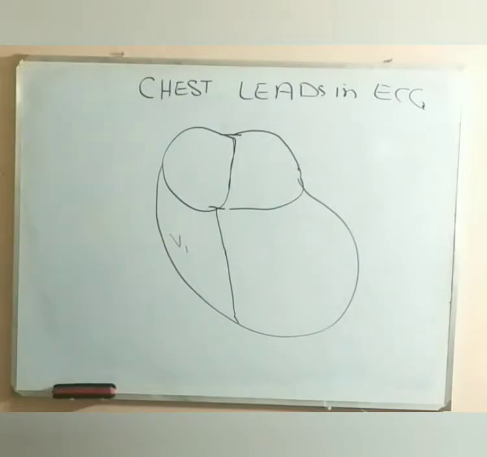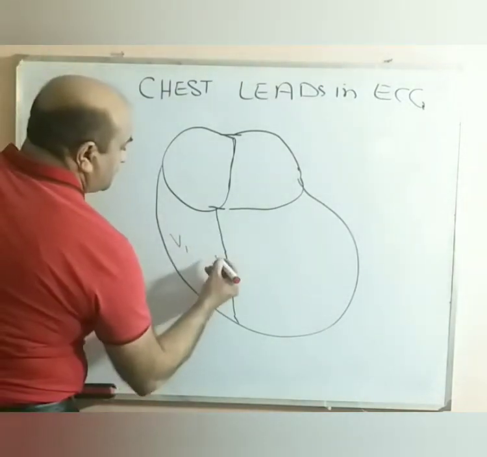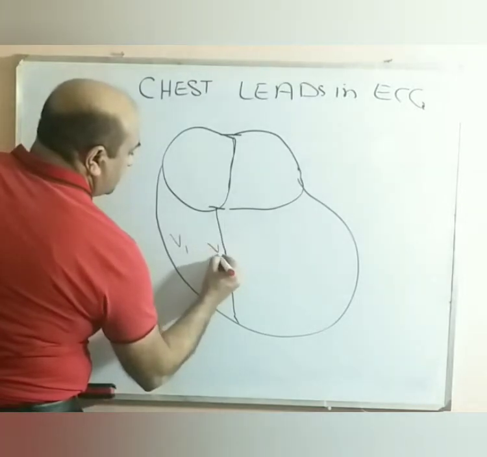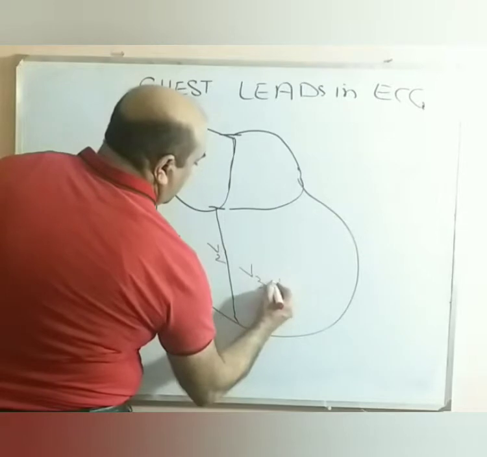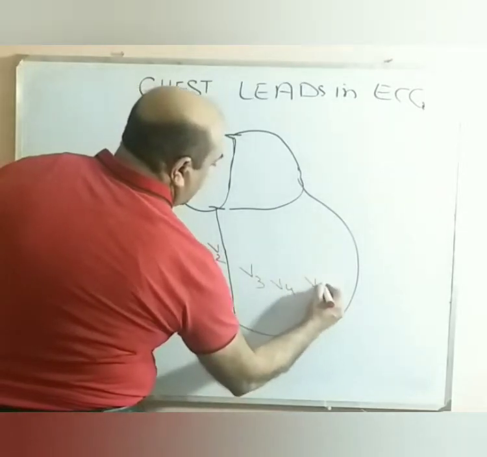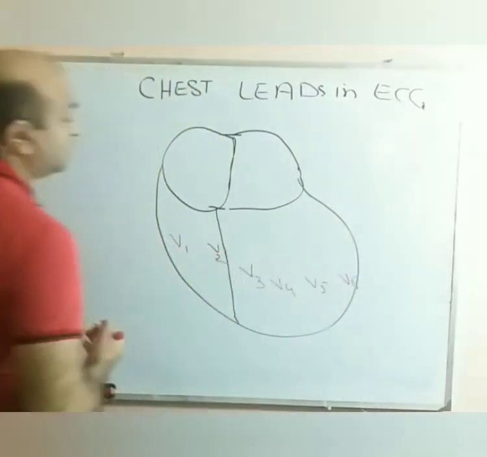So you can use either C or V on the diagram, but when you get the ECG, it is always V. So V1 is located here, V2 located here, V3 located here, V4 located here, V5 here, and V6 here.